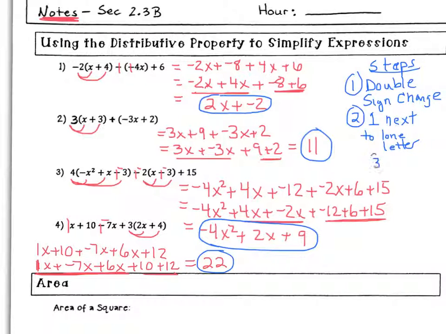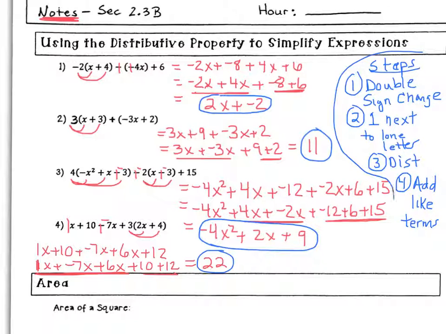Third step, I distributed. Distribute, and then the fourth step is add like terms. Alright, so that's kind of the steps that you should think about following. Also maybe looking at these examples.